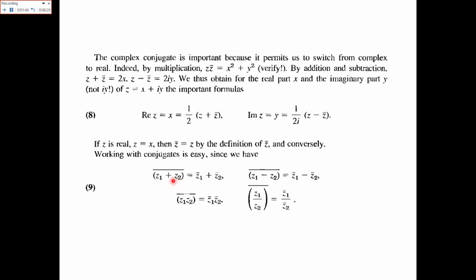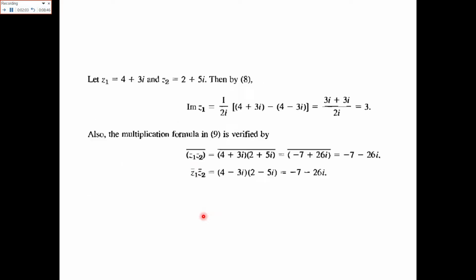So the conjugate of the addition is equal to the addition of the separate conjugates of the complex numbers. Similarly, you can also do that in subtraction. In multiplication and division also you can separate the conjugates. Here z1 is equal to 4 plus 3 iota and z2 is equal to 2 plus 5 iota.